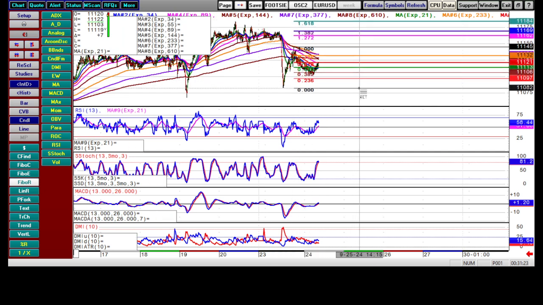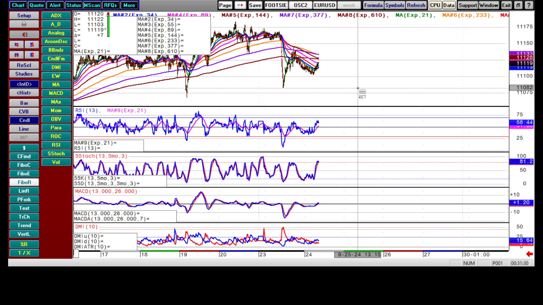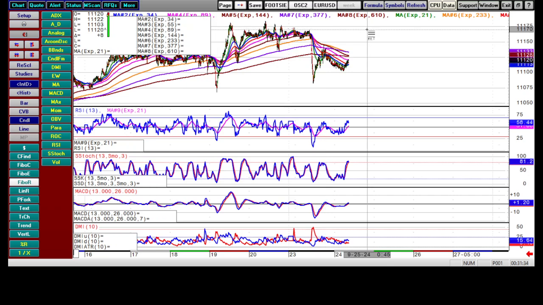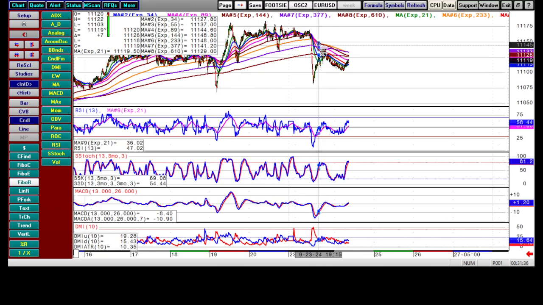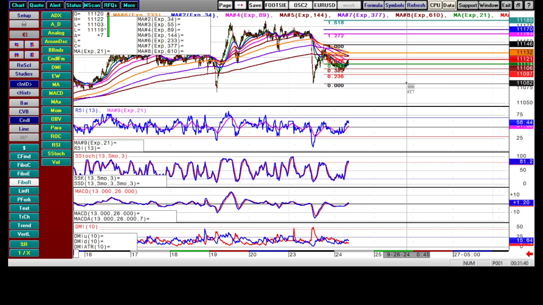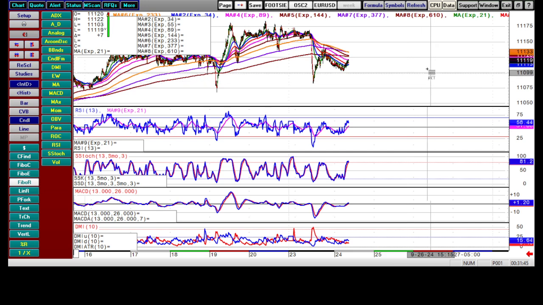If we are going to see extension, then we should be selling near 11160. This is going to be a day trade, and if you are scalping, then we may want to sell at least at 11145, not anything lower than that.